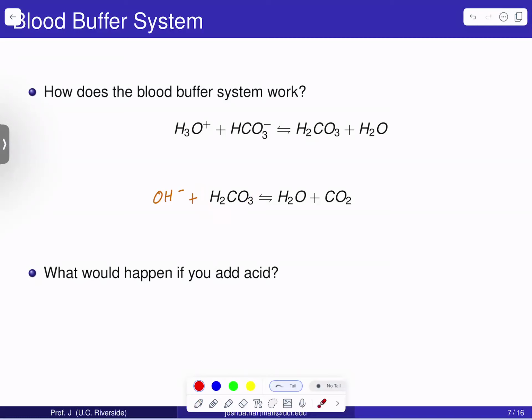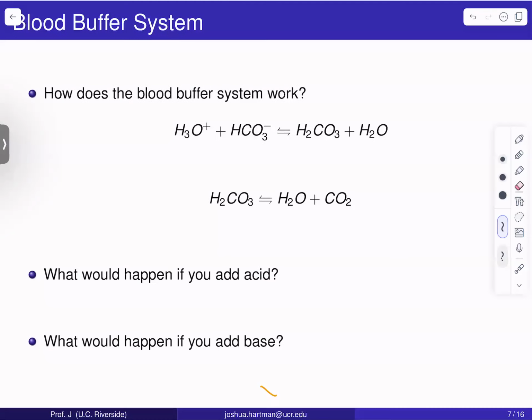And of course, we'd be using up or reducing the amount of hydroxide ions present. So what we want to do is consider in turn, and write out the chemistry for, what's happening if you add an acid, and of course, what would happen if you were to add a base.